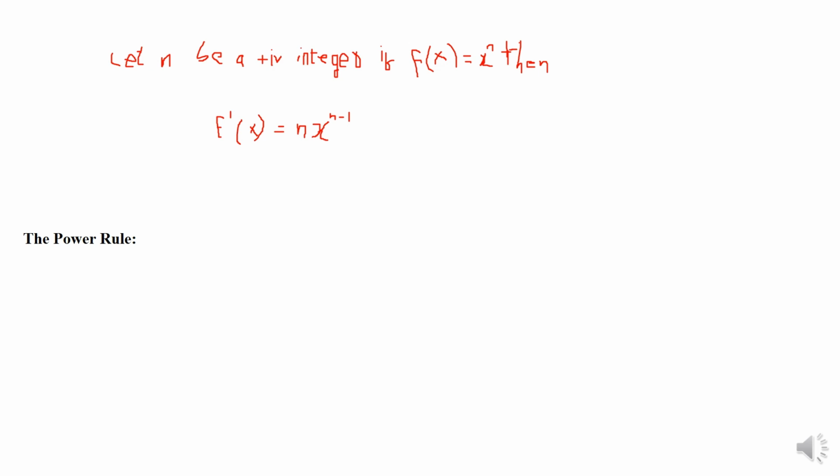Alternatively, we may express this rule as d by dx of x to the power n equals n, which is the power. We will multiply as it is and subtract 1 from the power, so n minus 1.